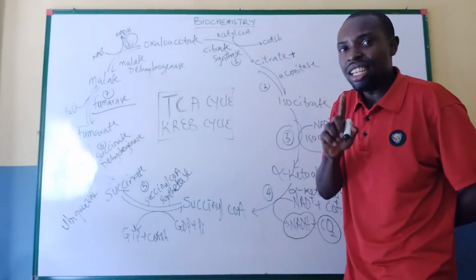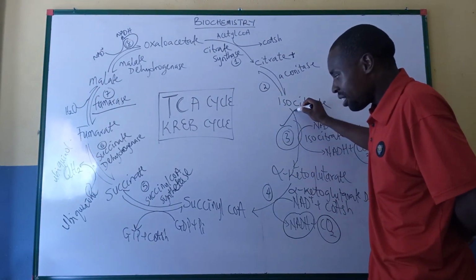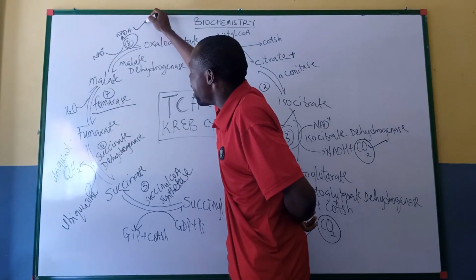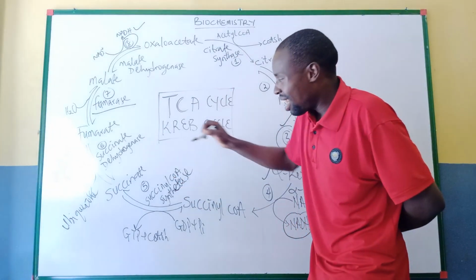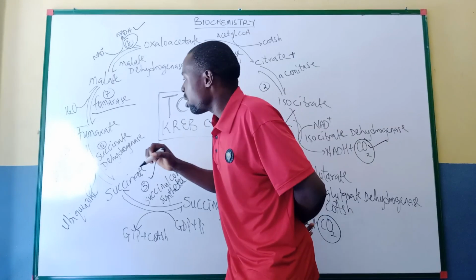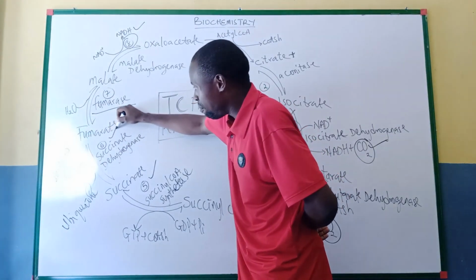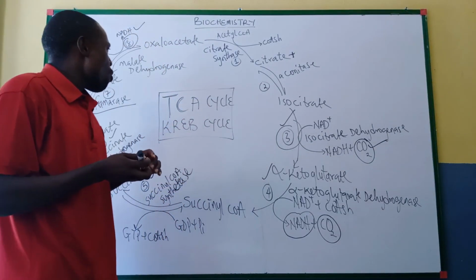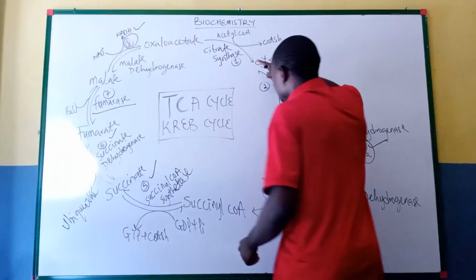Meaning the release of NADH is at step 3, step 4, and step 8. While GTP is released at step 5, and ubiquinol is produced at step 6.